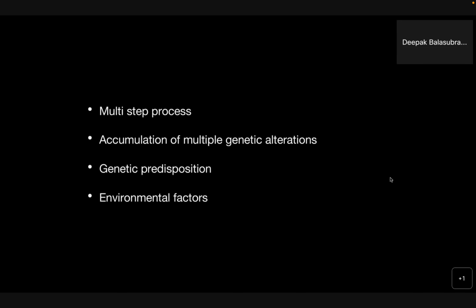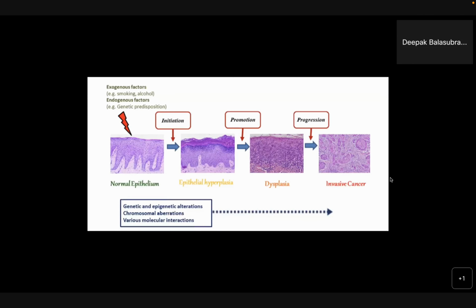And then we come to the environmental factors. There are several environmental factors, including habits. You can start with dietary changes, with ultraviolet radiation, with smoking, tobacco, and altered sexual practices. So all of them fit into the environmental factors.